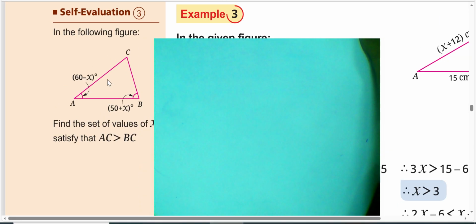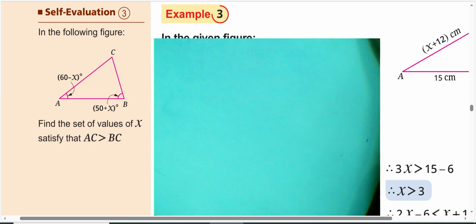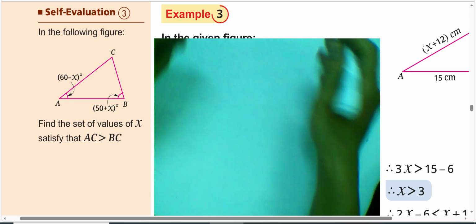Okay, listen here. Given triangle ABC, he wants to find the values of x that satisfy AC greater than BC. Okay, give me this information.